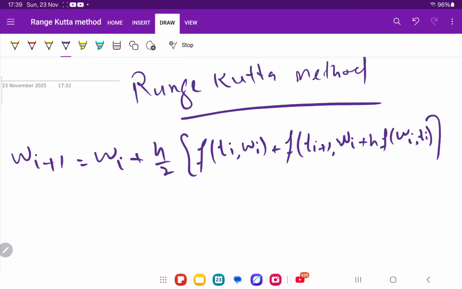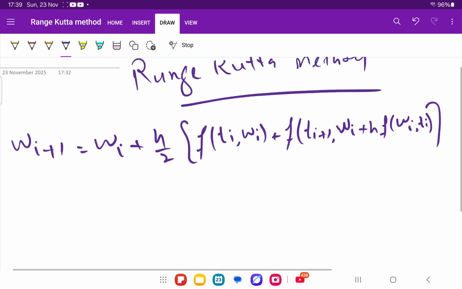New numerical technique to solve the initial value problem, or solve the differential equations. Okay, so first of all, let me write an example, y dash.